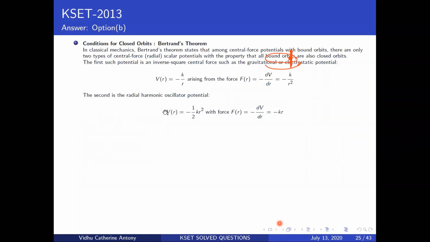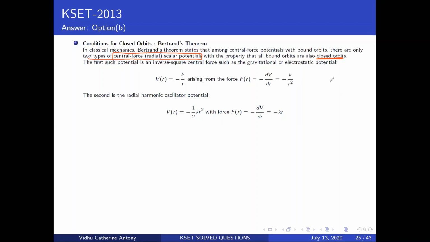Okay. So Bertrand's theorem basically deals with the conditions for closed orbits. Now if you look at the central force potentials with bound orbits, there are only two types of central force scalar potentials that can give you closed orbits.